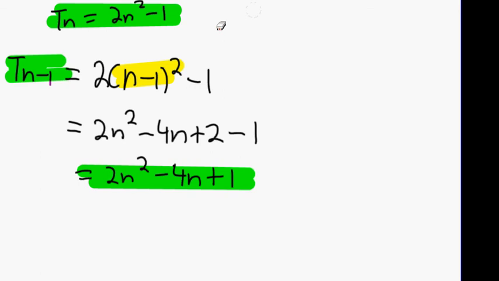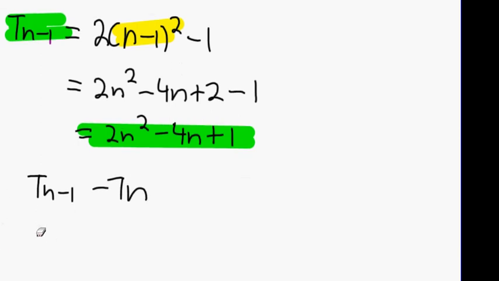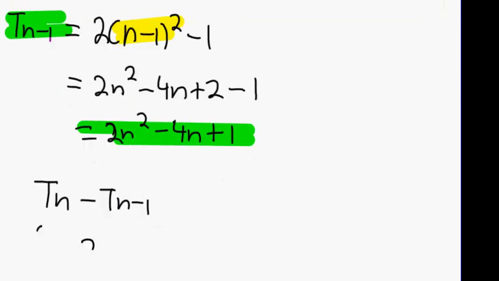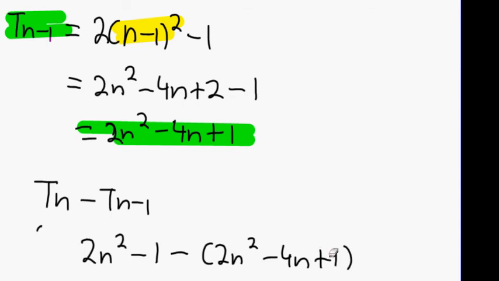So what we're going to get here, guys, listen, is Tn minus Tn minus 1. So we're going to get Tn, which is 2n squared minus 1, and then take away 2n squared minus 4n plus 1.